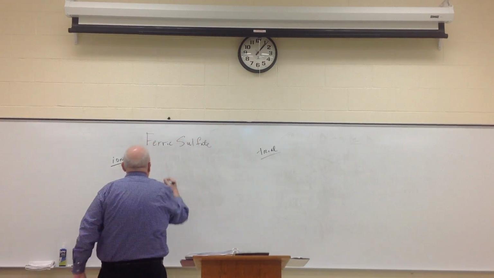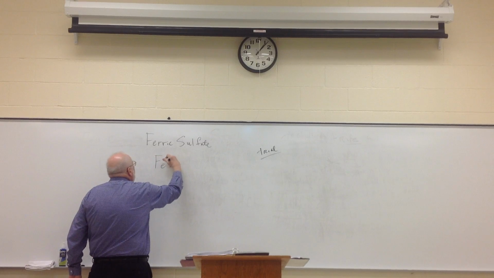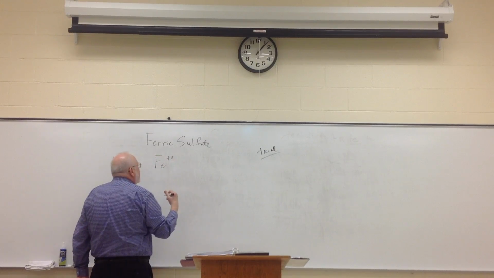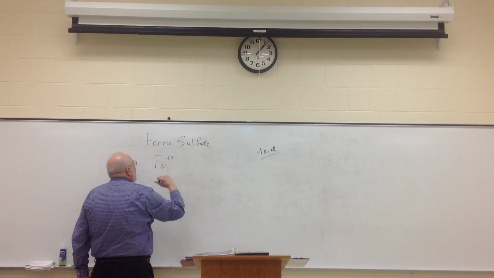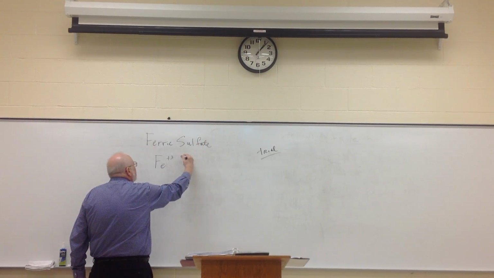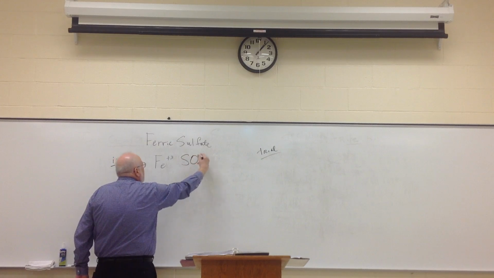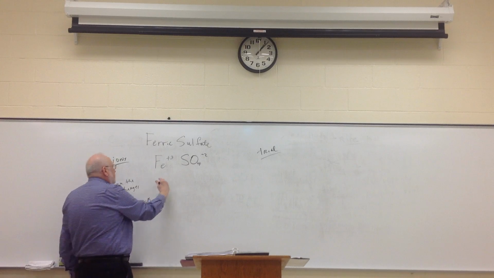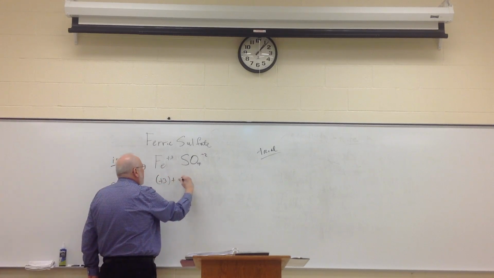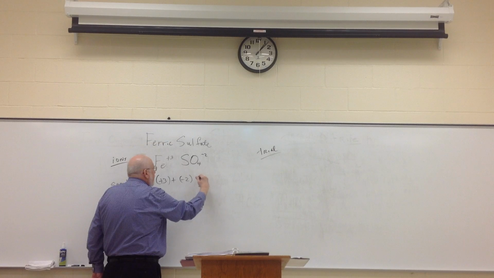That's it, Fe plus 3. And for the sulfate, yep, SO4 with a -2 charge. All right, now if we sum the charges, +3 and a -2, we end up with +1.